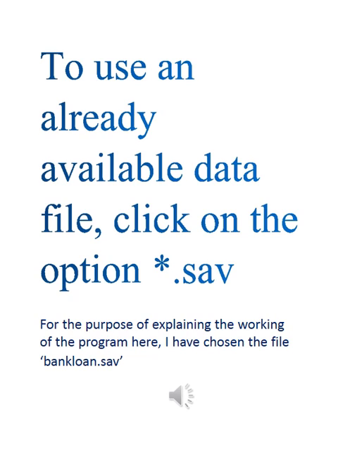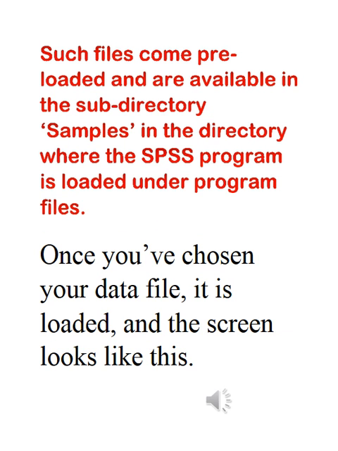For the purpose of explaining the working of the program here, I have chosen the file bankloan.sav. Such files come preloaded and are available in the subdirectory samples in the directory where the SPSS program is loaded under Program Files. Once you've chosen your data file, it is loaded, and the screen looks like this.